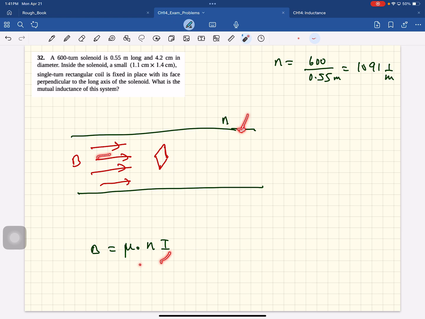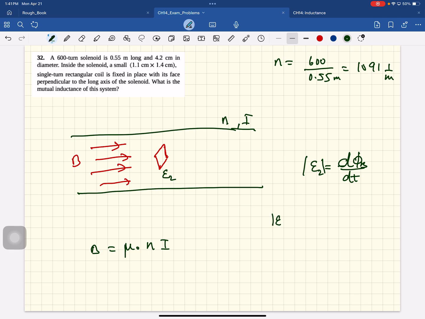So if you change this current, this magnetic field will change, the flux through this coil will change, and the induced EMF in coil 2, using Faraday's law, the magnitude of the induced EMF is the rate of change of magnetic flux through that coil. So the induced EMF in coil 2 is the rate of change of the magnetic field times the area of coil 2.